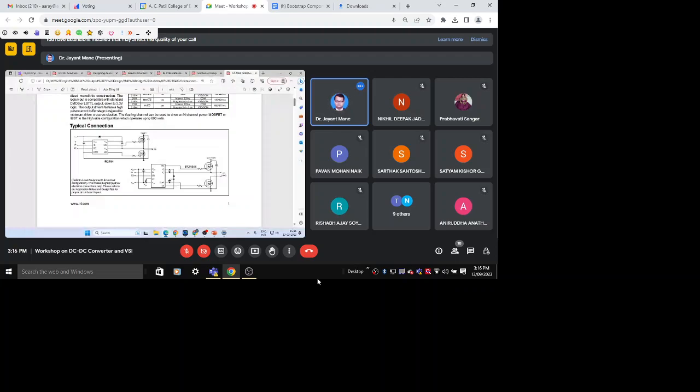Okay, so earlier days it was very difficult to get the proper equal values on multiple capacitors, but nowadays it's very easy.